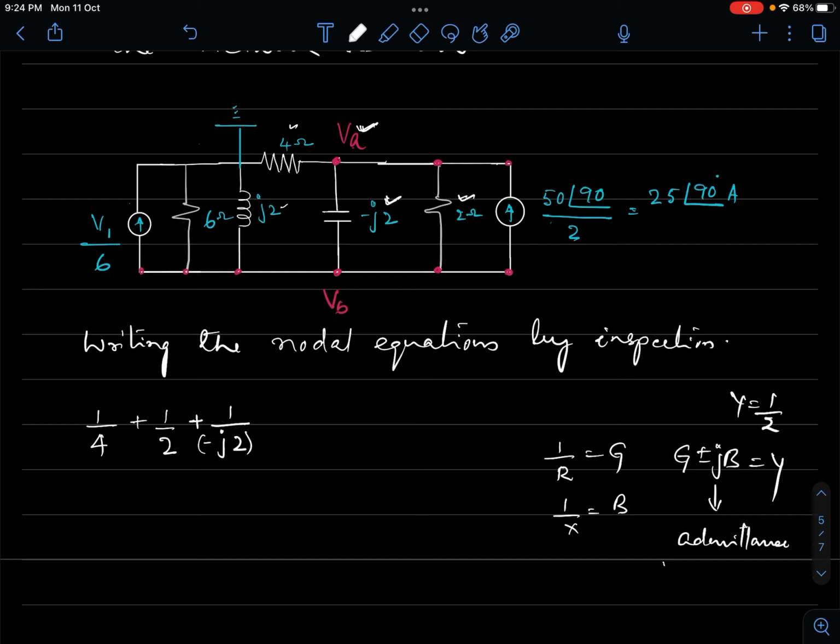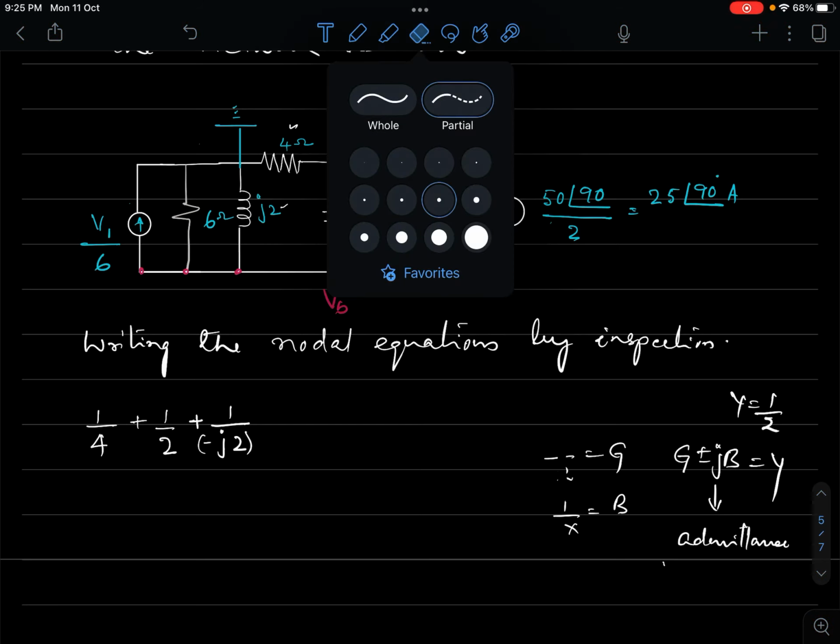We take the reciprocal of all of those, add them up, and that becomes the admittance at node A.